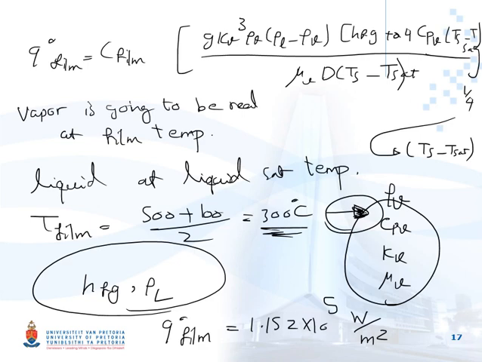All these properties will be wrong, so you won't get any mark for them, and you won't get any mark for Q dot film as well. Sometimes students, for the average, seriously wrote 500 minus 100 divided by 2. Why? Because they were in a rush and didn't pay enough attention. So be careful regarding that.